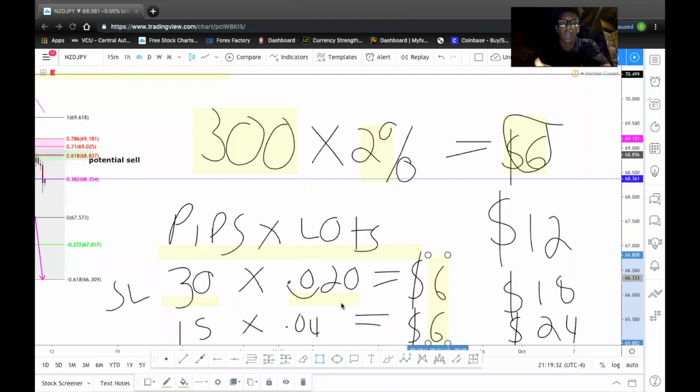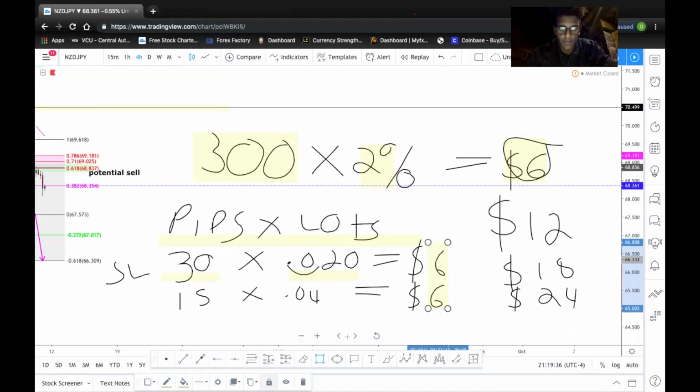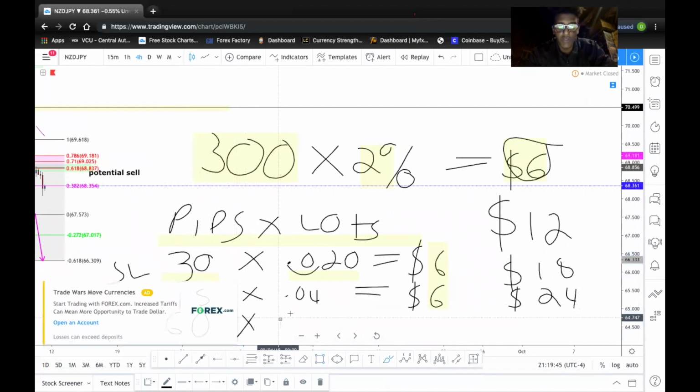Even if we do 60 pips on a 0.01, we just move the decimal one to the right, so that would be 10 cents a pip. 10 cents a pip times 60 pips is still going to be $6.